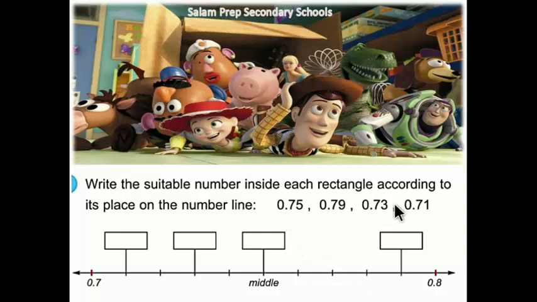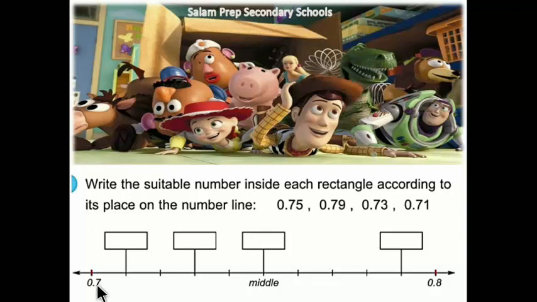Please look at the decimal numbers. You will find these numbers and the decimal part has 2 digits. But take care. The number line numbers are tenths, 7 tenths, 8 tenths. So, to solve this problem, we need to put 0 after 7.